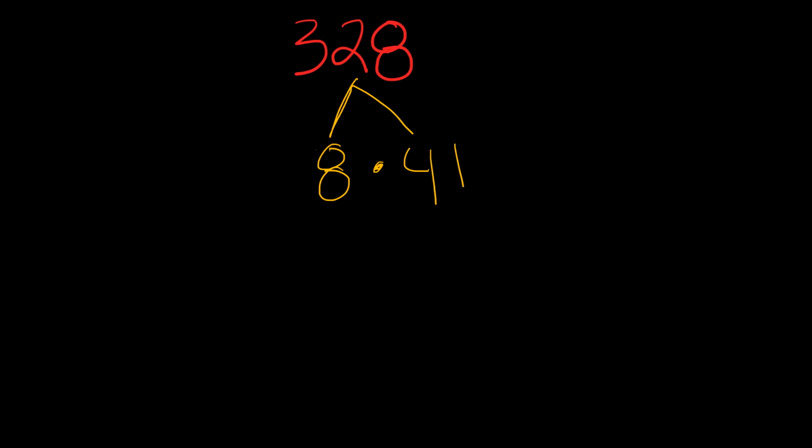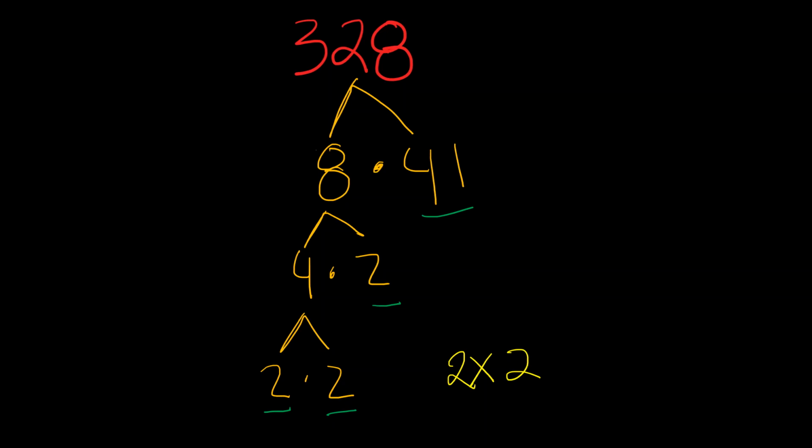So now we have 8 and 41. 41 is a prime number. We can't break that down. So now we have to break down the 8 into 4 times 2, and we could break down the 4 as 2 times 2. So our prime numbers in this case would be 2, 2, 2, and 41. Our prime factorization is going to be 2 times 2 times 2 times 41, and this will give you 328.